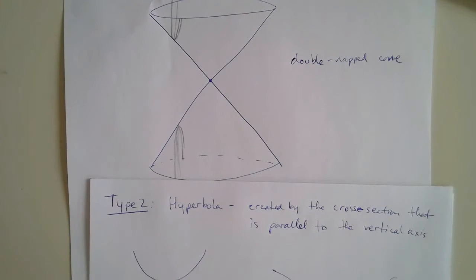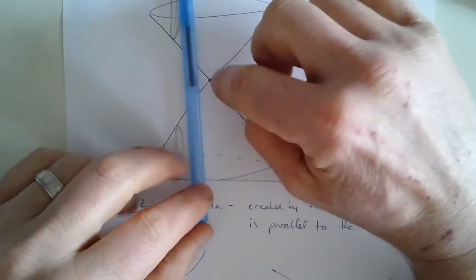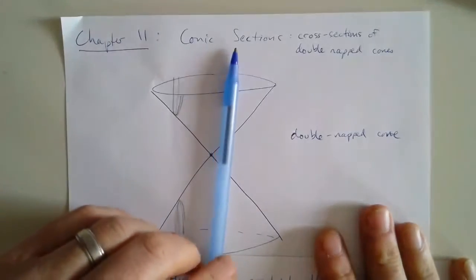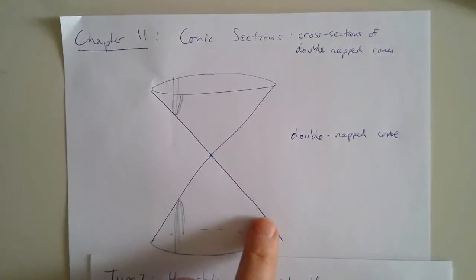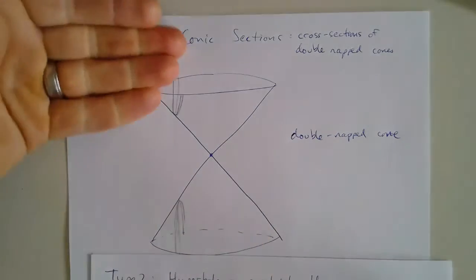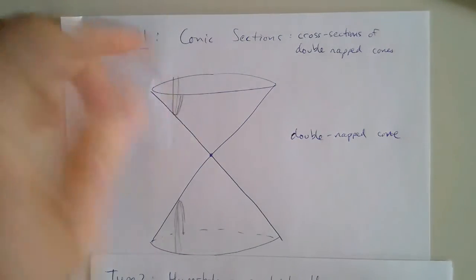Type 2. Now if this slice were to go through the vertex, we would get a degenerate conic. And actually, you can see what a degenerate conic is. This right here is our degenerate conic. If our paper is slicing that cone and it passed through the vertex, you can see it's two different lines.